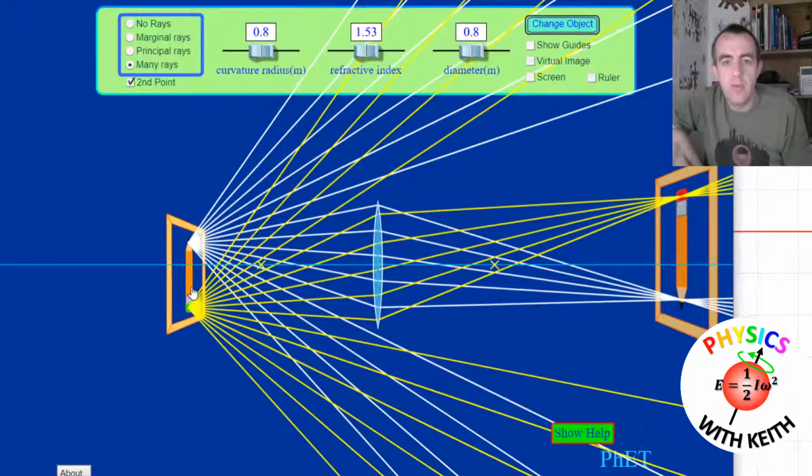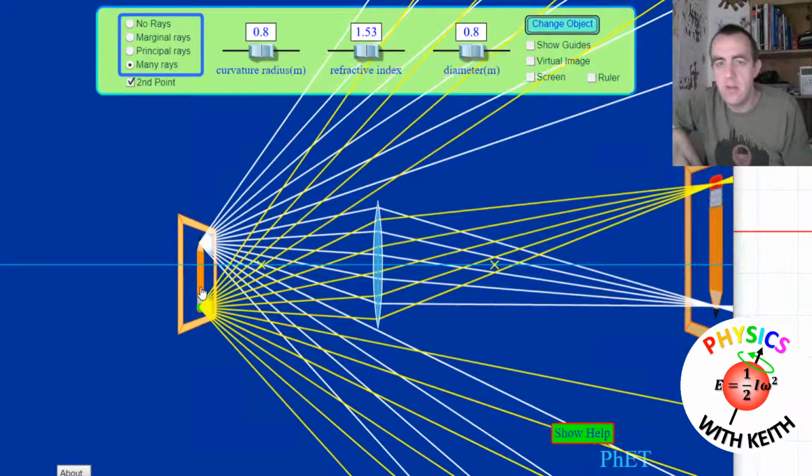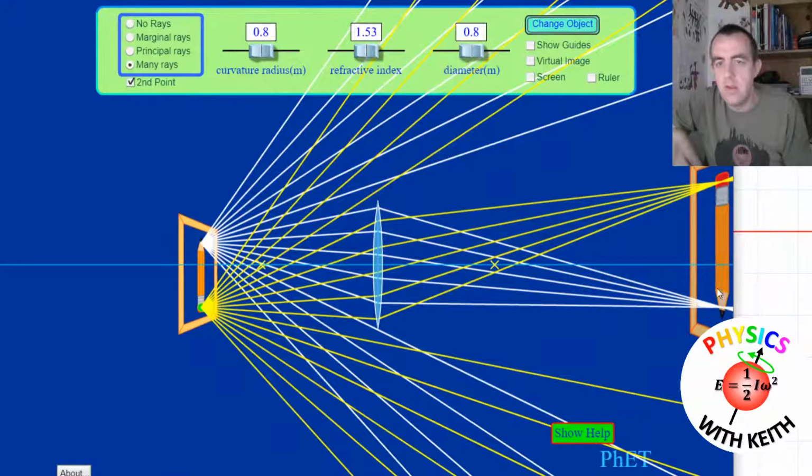Move the object towards the lens. What happens to the image? No answers coming through just yet.